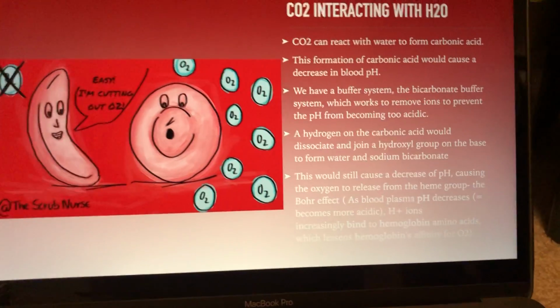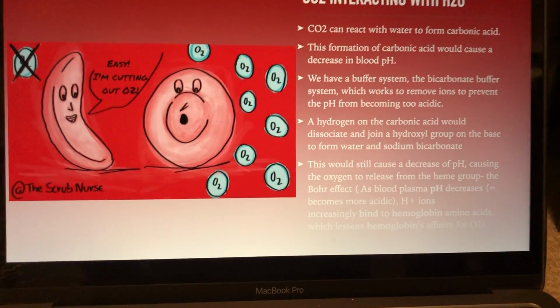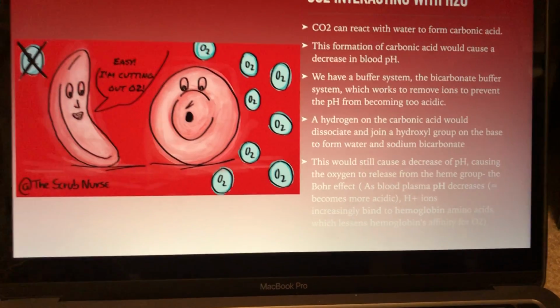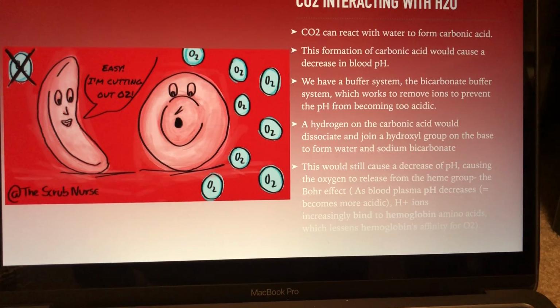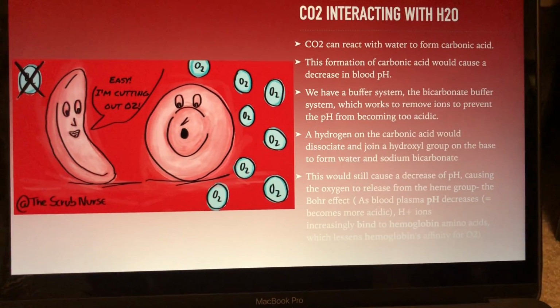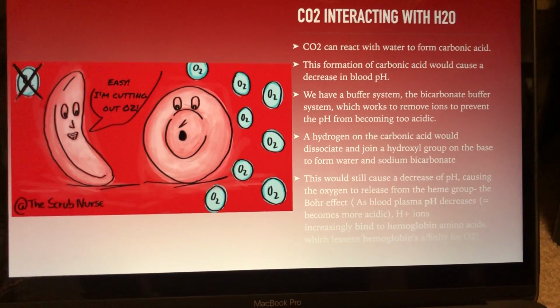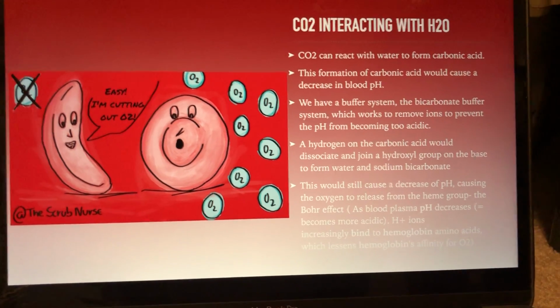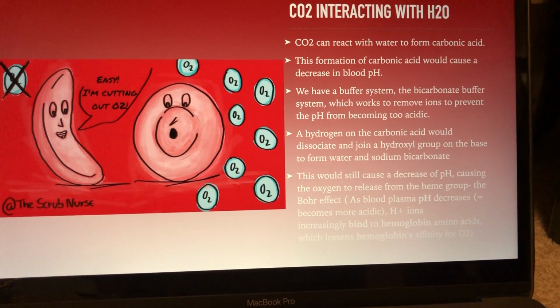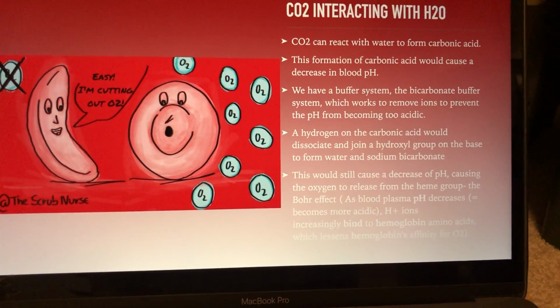In our bodies we have a lot of different buffer systems, but in this case we have a bicarbonate buffer system, which would work to remove ions to prevent the pH from becoming too acidic, in this case with that carbonic acid.